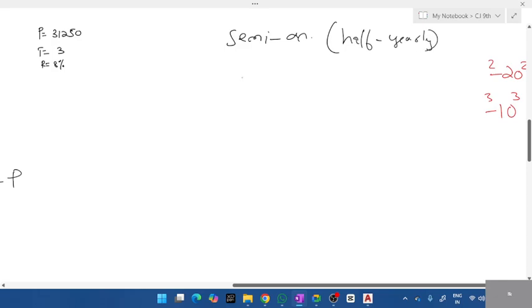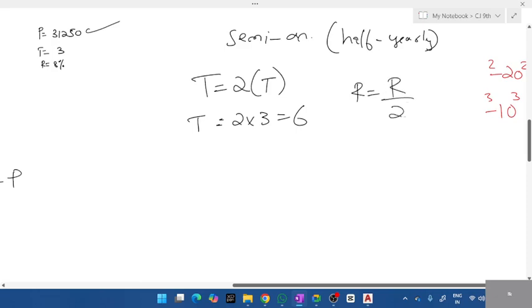Ananya, what's the formula for half yearly? Principal will remain the same. What about time, students? Time will get converted into 2 into t. So what will be the time? 2 into 3 is 6.